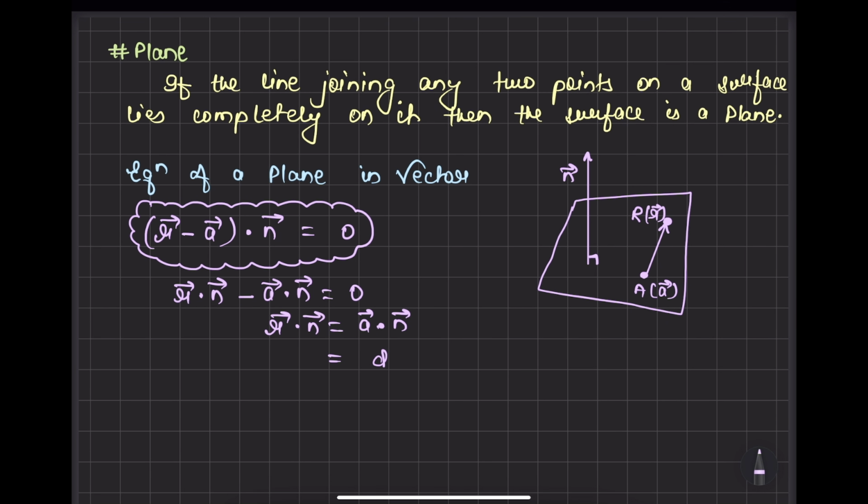Okay, so we call that number d. Look at this, this is your r dot n vector equals d. So this is your equation of plane in vector form. I hope till this part you guys are okay.